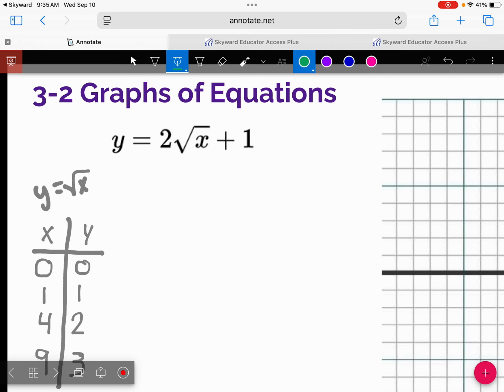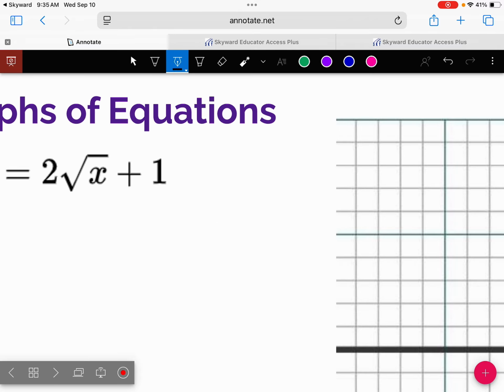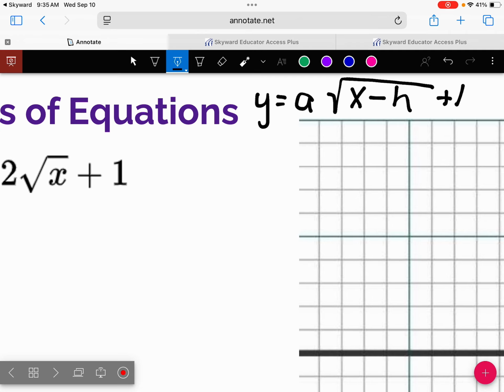So when we look at this up here, thinking about our transformations, we think about y equals a times the square root of x minus h, plus k. What pieces do we have here in our equation?